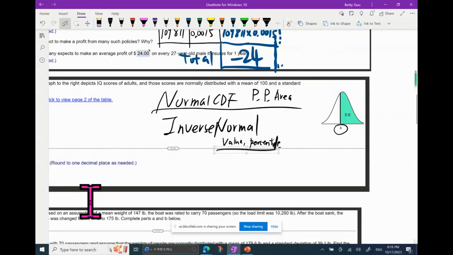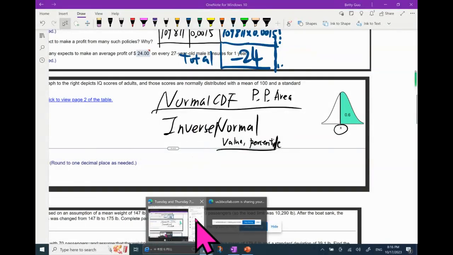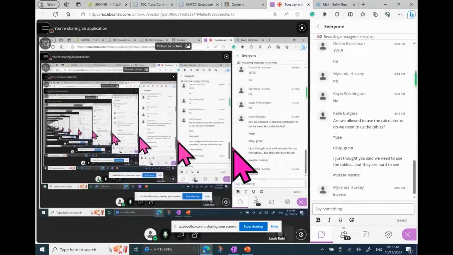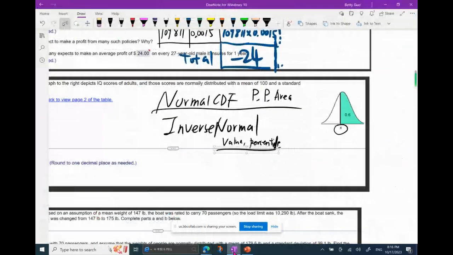Look at the picture. Perfect, inverse normal. Very good. Calculator. Very important thing, guys: if the green area is 0.6, what is the area of this blank?